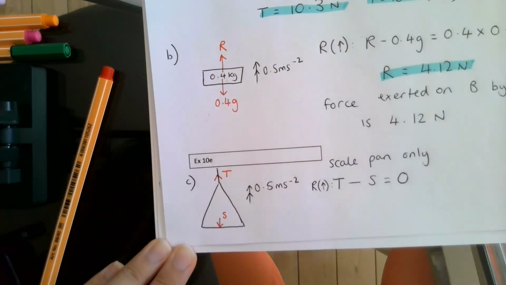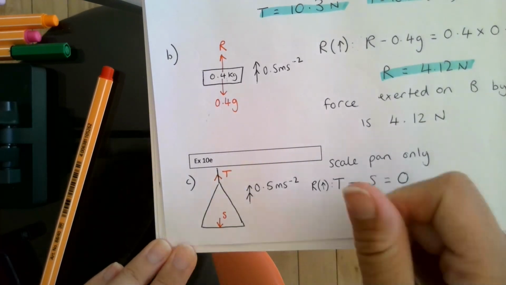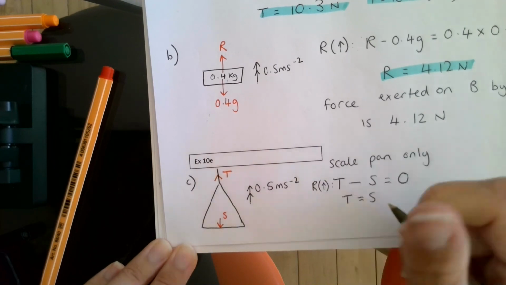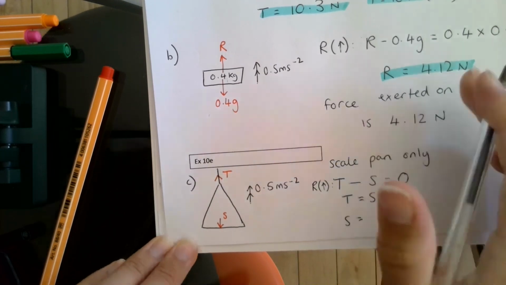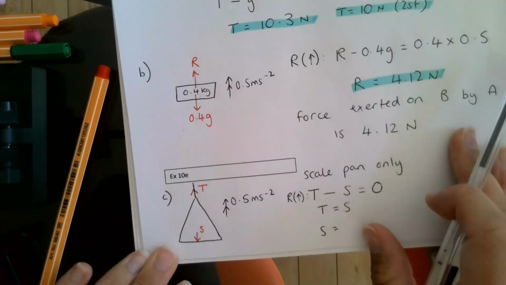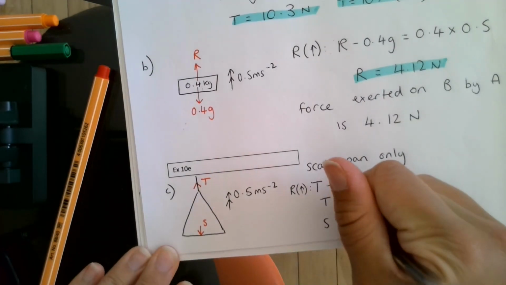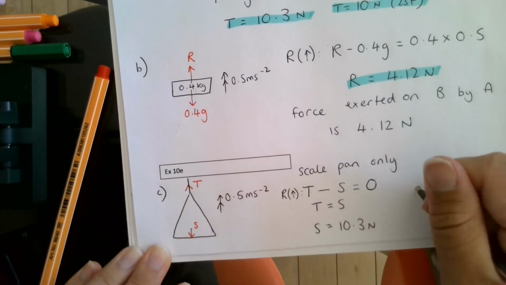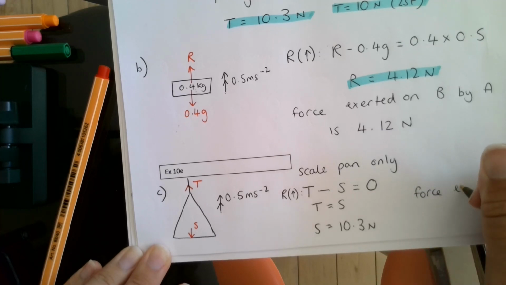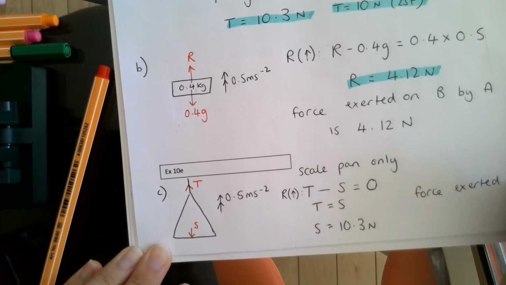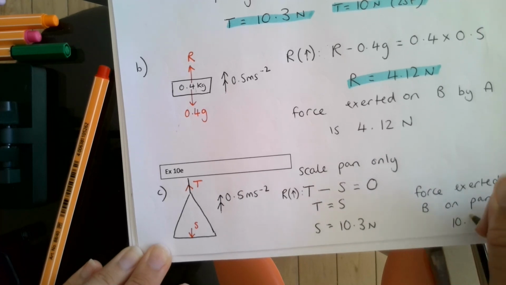So it's just going to be 0. And therefore, T is equal to S, which means that S is equal to what we found for T before, 10.3 newtons, which means that the force exerted by B on the pan is 10.3 newtons.